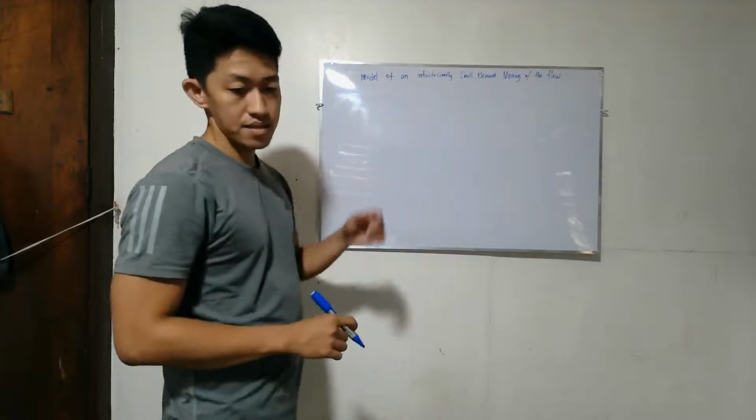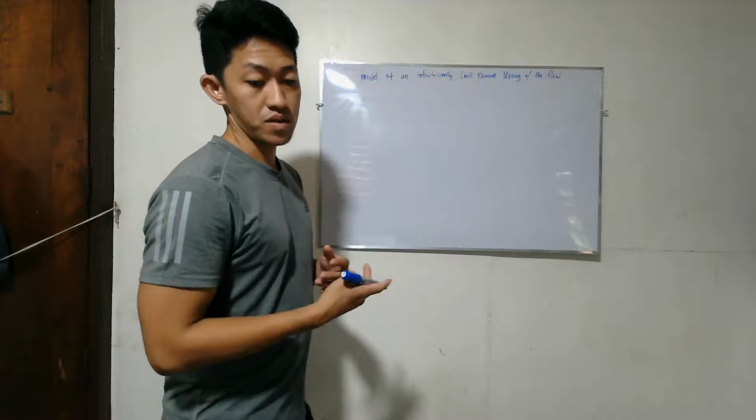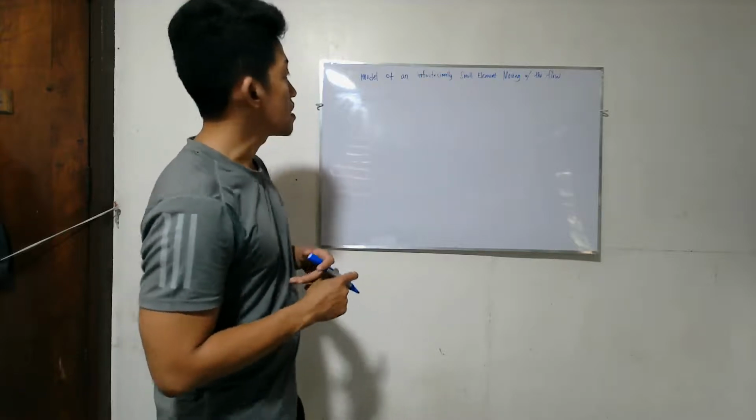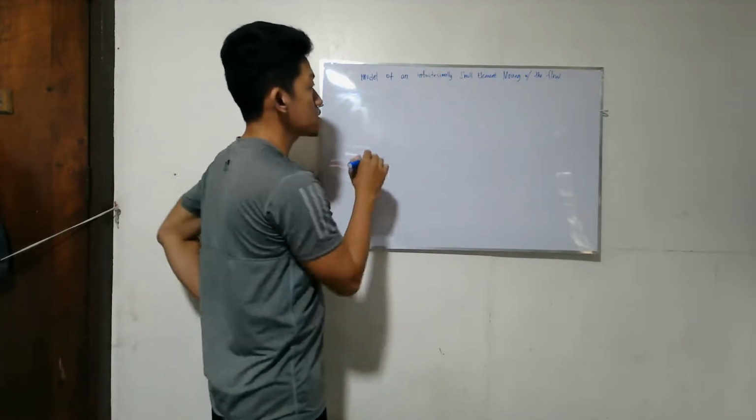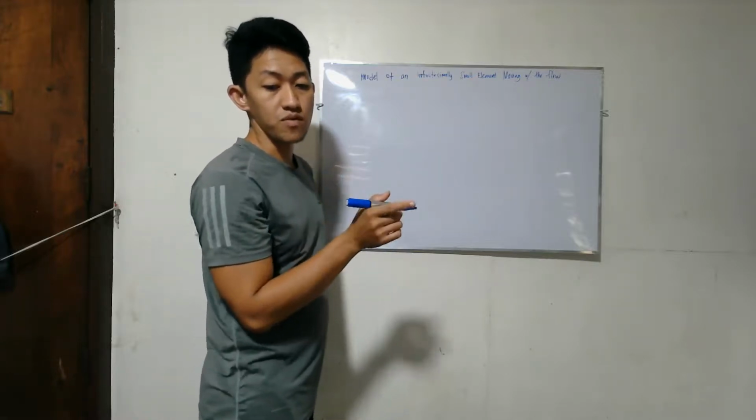Okay, so this is the last model for our continuity equation. And now, we have a model of an infinitesimally small fluid element that is moving with the flow.